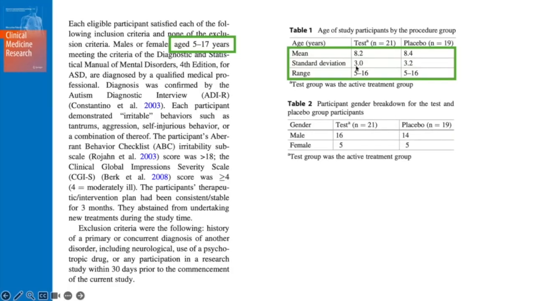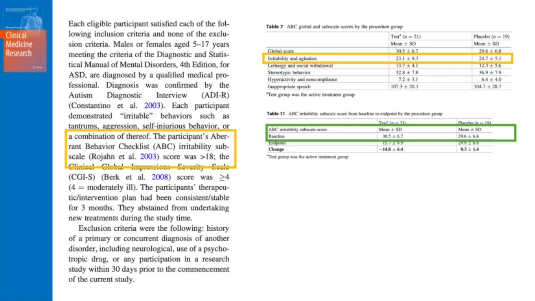The standard deviation was 3, 3.2. And the range was 5 to 16 and 5 to 16, which is, of course, compatible with the selection criteria. So here again, I have no problem with that, and I find no inconsistency between the selection criteria and the various results for age and for gender.